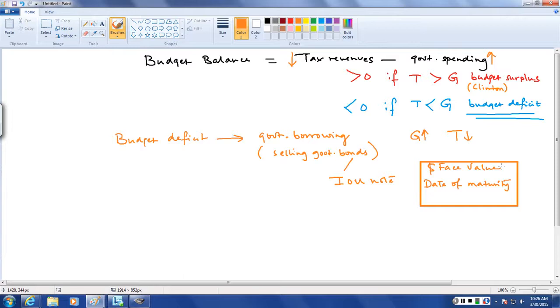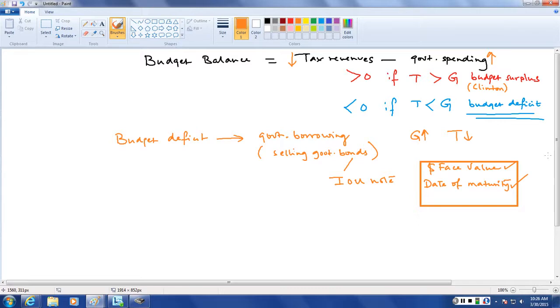So what does this piece of paper do then? It is basically a promise by the government that it will pay you, the bondholder, the face value. When? On the date of maturity or at any time after that. Correct? So this is a government bond. It's a promise by the government that it will repay you at some point in the future. So by buying this bond, you are lending the government money.